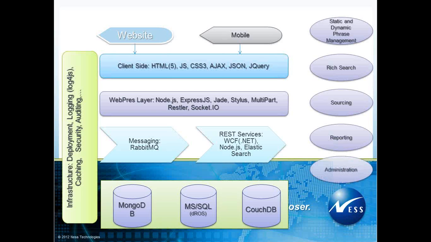The client side is pretty thin. So we have HTML5, JavaScript, CSS3, Ajax, JSON, and jQuery. In the web press layer, we have Node.js, Express.js, Jade, Stylus, a strong CSS preprocessor.